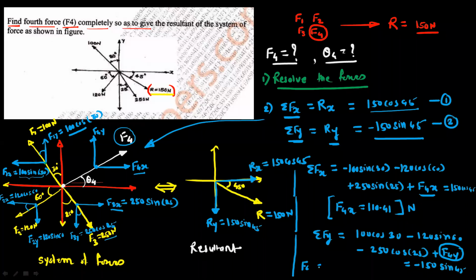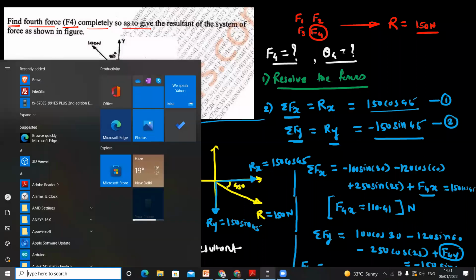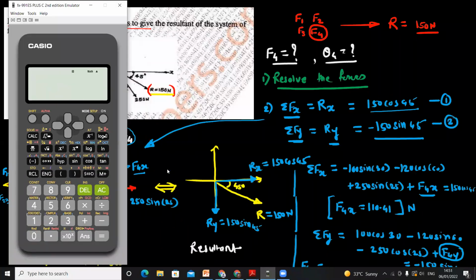So F4y is equal to minus 150 sin 45, then plus 120 sin 60, plus 250 cos 25, and minus 100 cos 30.